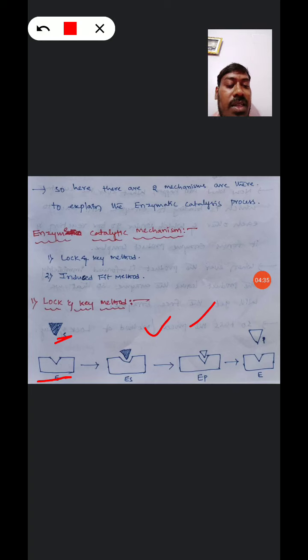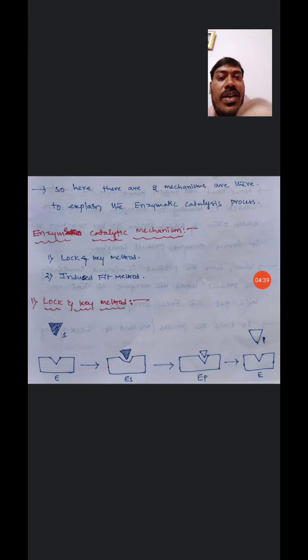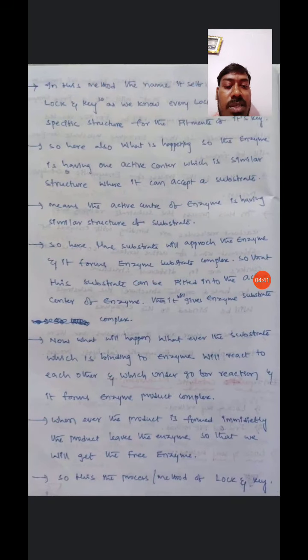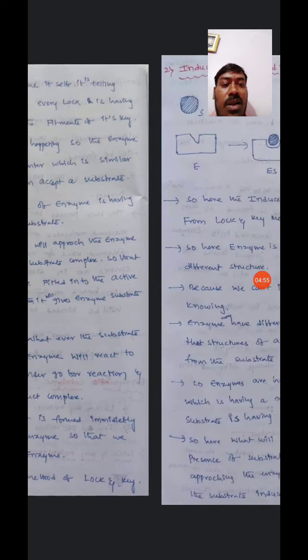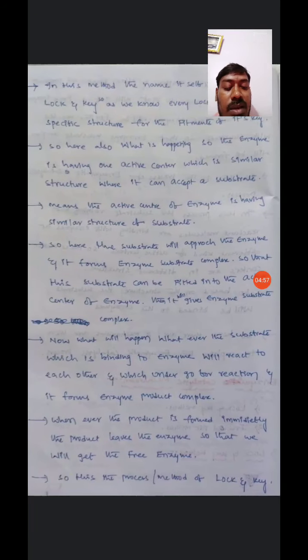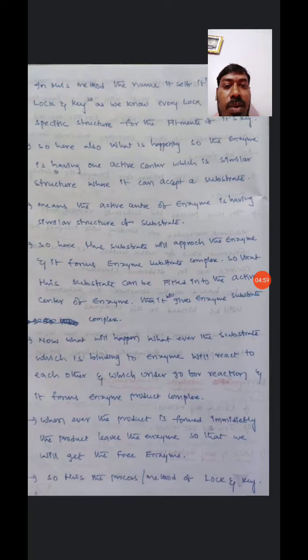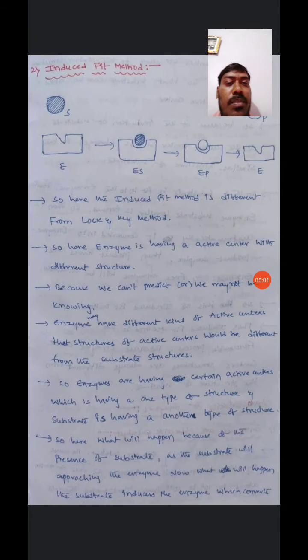Finally the product leaves the enzyme and the free enzyme is formed, and this enzyme further reacts with substrate and again forms the enzyme substrate complex. So this is the lock and key method.